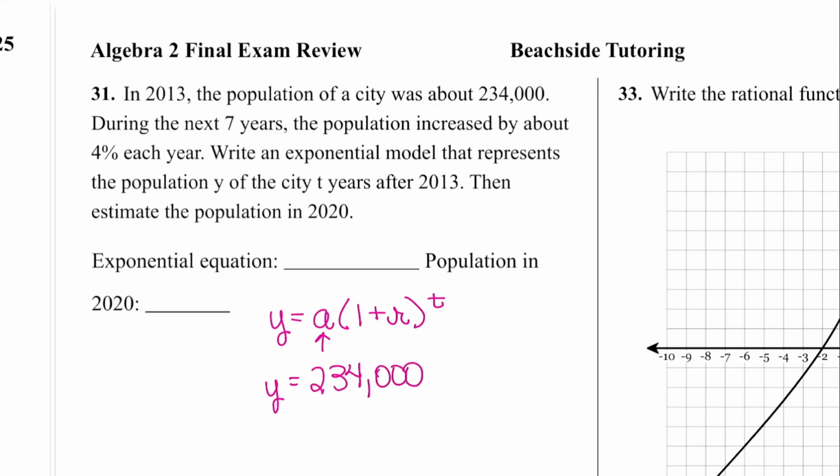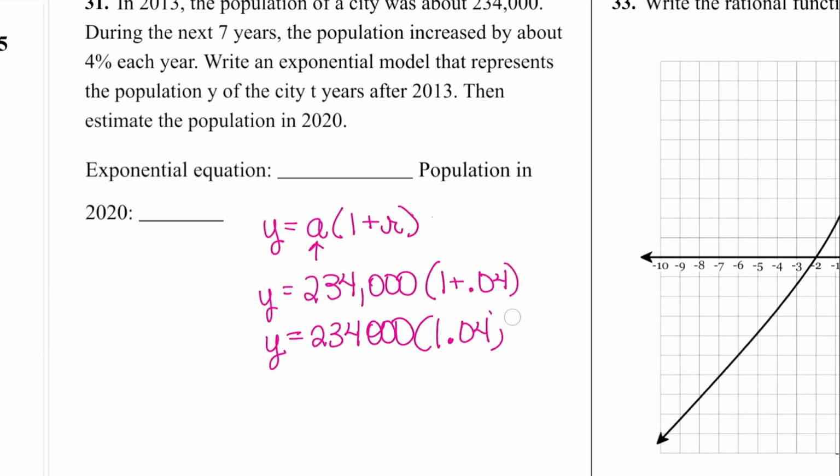Now we have during the next 7 years, the population increased by about 4%. So we need to turn that into a decimal, which is going to be 0.04. t is going to be 7. So now once we evaluate this, we will figure out what the population will be in 2020. So I'm going to plug this into the calculator.